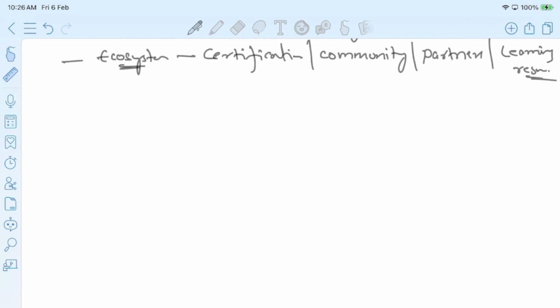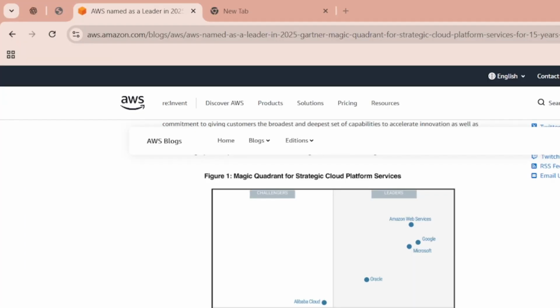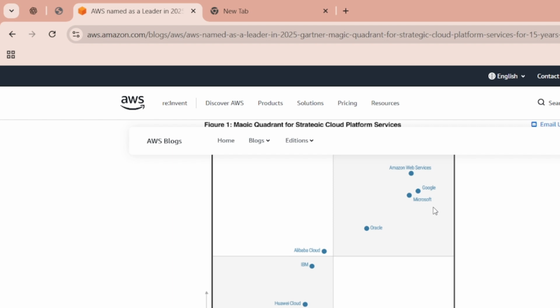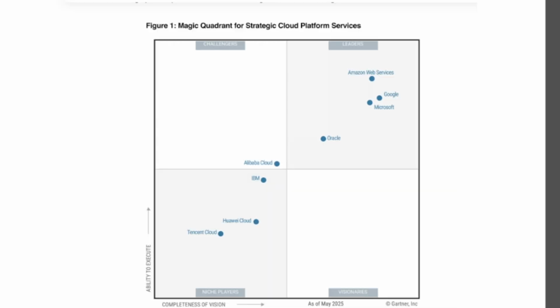To make it very clear, this is a Gartner report. According to this Gartner report, the Magic Quadrant, let me show you. This report is provided by the company Gartner, which does an independent evaluation of technology companies and provides a Magic Quadrant.